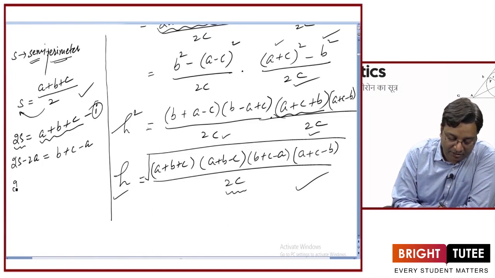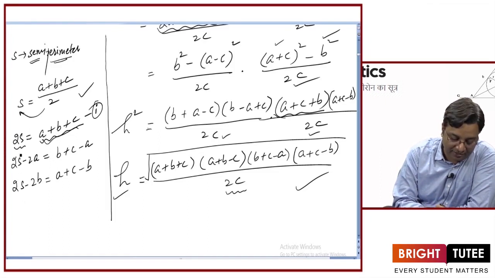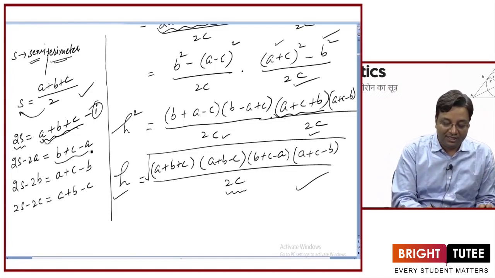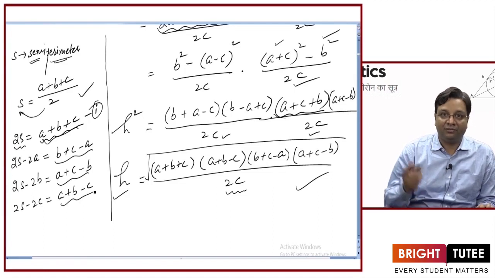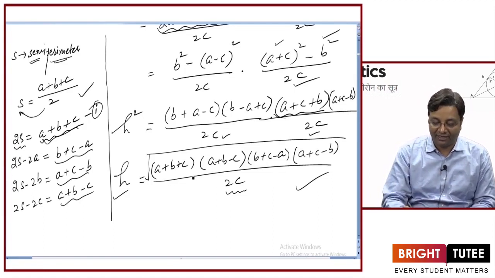If I subtract 2b from both sides of equation 1, I will get 2S minus 2b equal to a plus c minus b. And if I subtract 2c, I will have a plus b minus c here. Now, these expressions are familiar, right? They look familiar because we had them here.